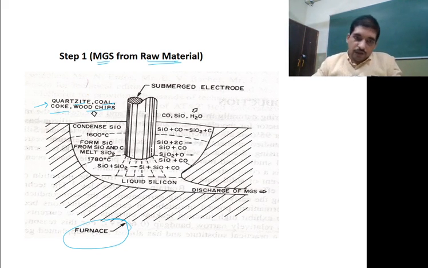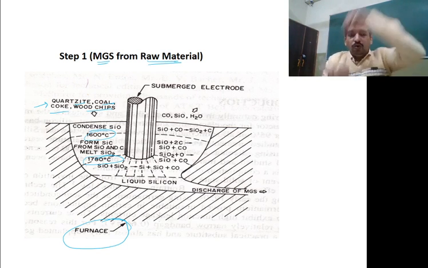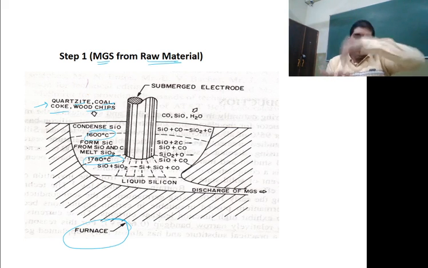How much is that temperature? You can read it, 1600 degrees centigrade, 1780 degrees centigrade. So more than 1500 degrees centigrade temperature is there inside the furnace. And we are pouring all the material like quartzite, coal, coke, wood chips, everything into the furnace.